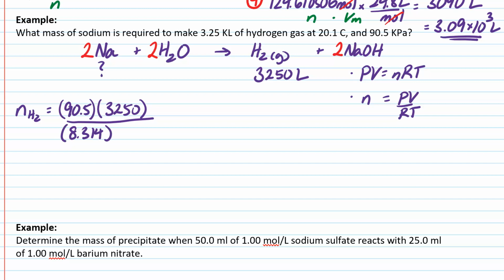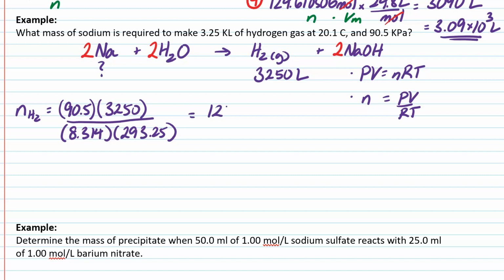And you'll be given back your formula sheets for ideal gases when we do exams, just FYI. And finally, the temperature, remember, has to be in Kelvin. So that's 20.1 plus 273.15. So you have 293.25 for temperature. Plug that all in your calculator.